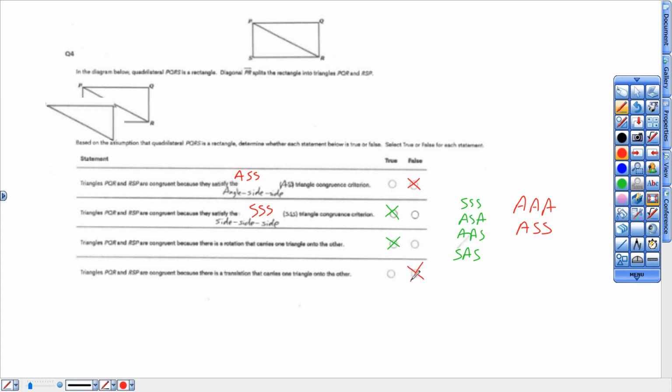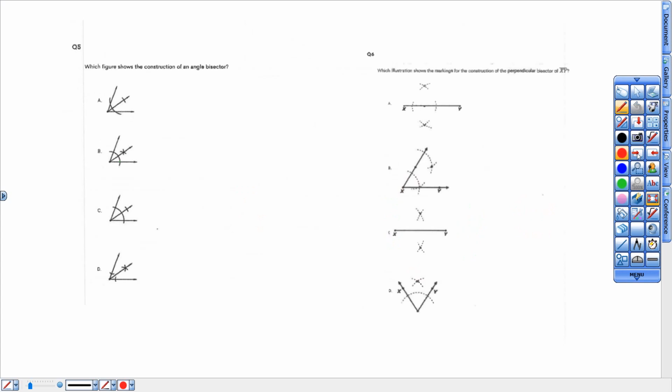All right, moving on. Number 5, knowing the correct marks, and we'll practice one last time. This one has the correct marks for marking your angle and then using your compass to measure these pieces right here. For a perpendicular bisector of a line segment, you're not doing angles.